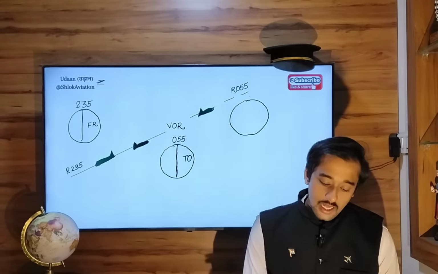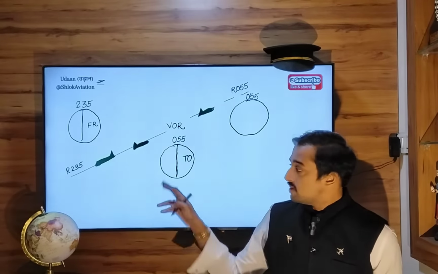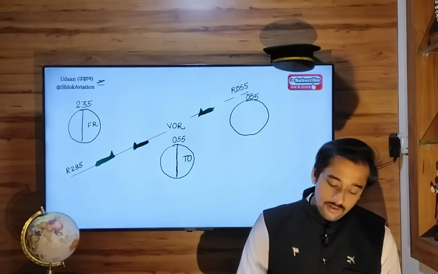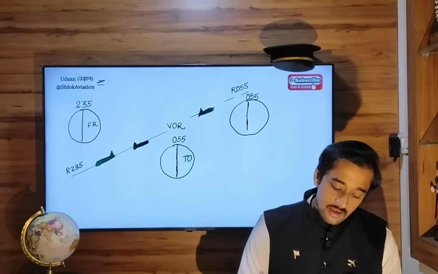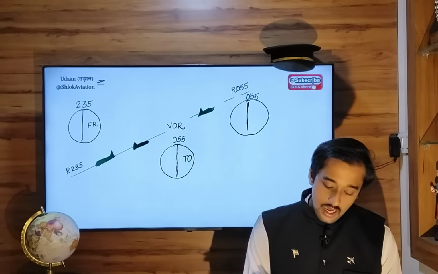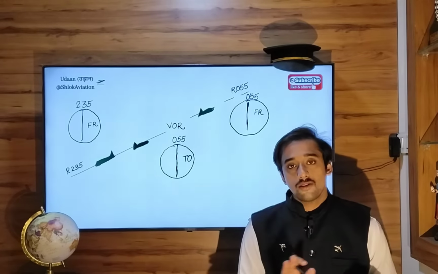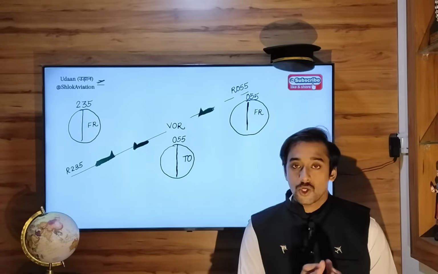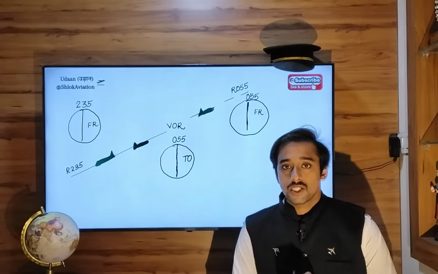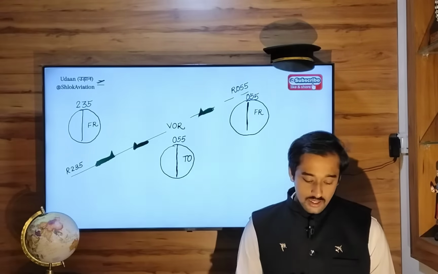So this OBS setting of 055 will remain the same. Like here, if aircraft is on the center line of that radial, the CDI will also stay in the center, and the to from indication will show from. From now on, the to and from flag will be from, because you are flying away from the VOR station on radial 055. So let's go to the next question.